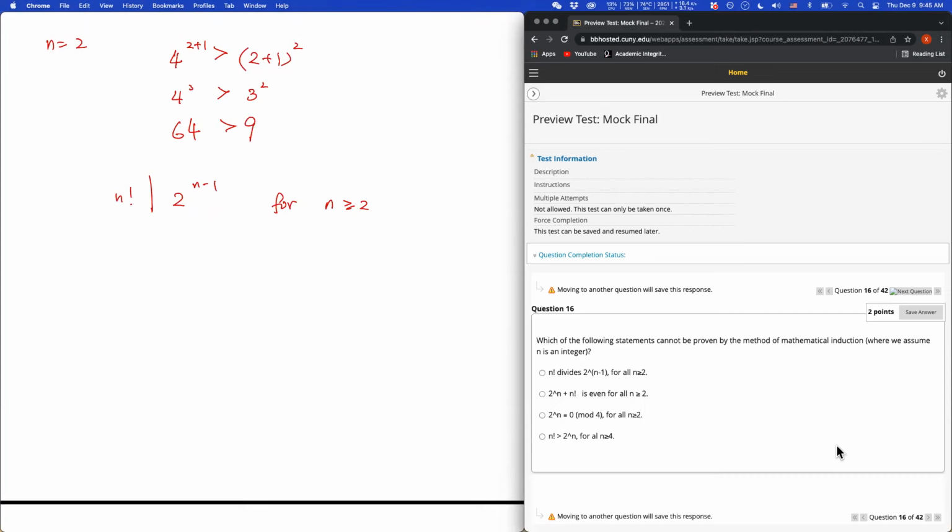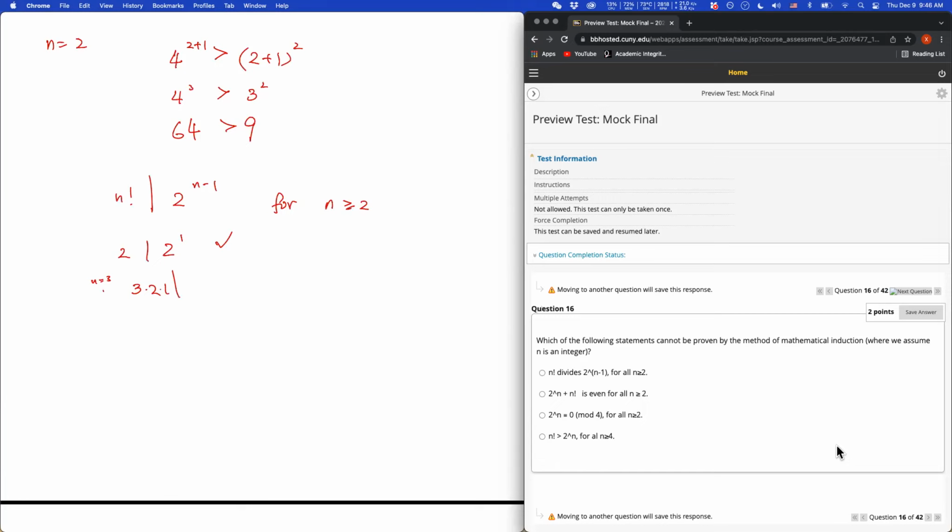Okay, so let's check. Well, when n equals 2, you have 2 factorial, which is 2, and then 2 to the 2 minus 1 will be 1. So 2 divides 2, check. Now just check one more case when n equals 3. You have 3 factorial, which is 3 times 2 times 1.